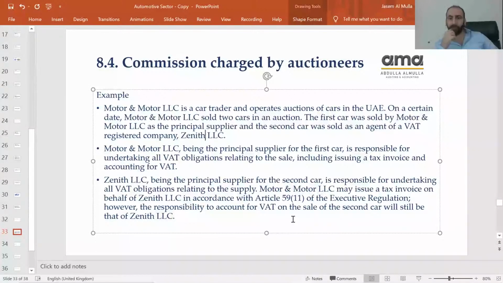Motor LLC may issue a tax invoice on behalf of Zenith in accordance with Article 59 of the executive regulation. So the responsibility here to account for VAT on the sale of the second car will still be on Zenith LLC.